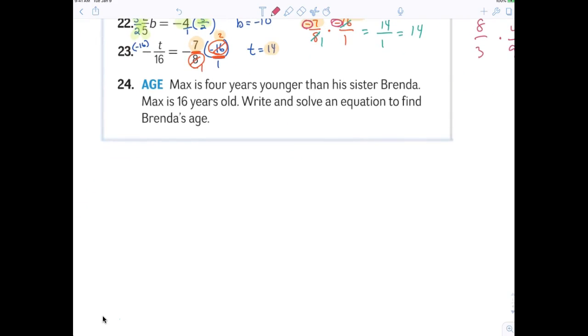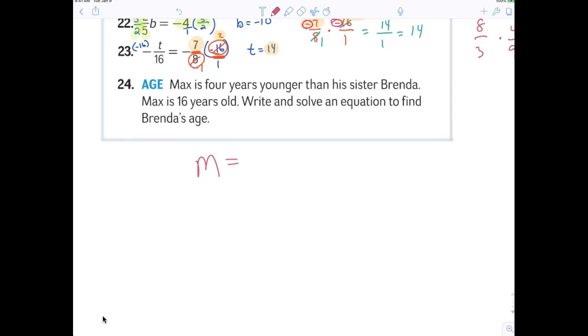Max is 4 years younger than his sister Brenda. Max is 16 years old. All right, here is what I would like for you to do. Max, what letter do we want to use for Max? M. What does is mean? Equals. Max is 4 years younger than Brenda.